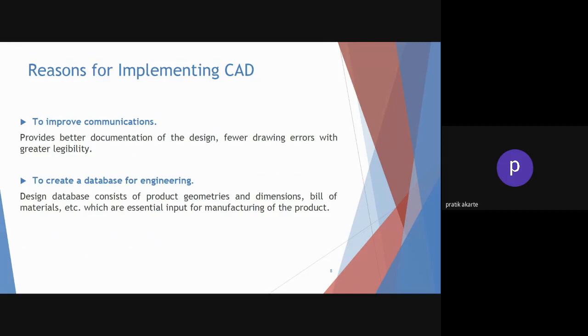The communication provides better documentation for the design and fewer drawing errors with greater legibility. So there is communication between the various islands of the design process, and it has improved. Then there is creating the database for the engineering, consisting of product geometries and dimensions, the bill of materials required, the various processes, and the sequences of operation required for the manufacturing of the product.